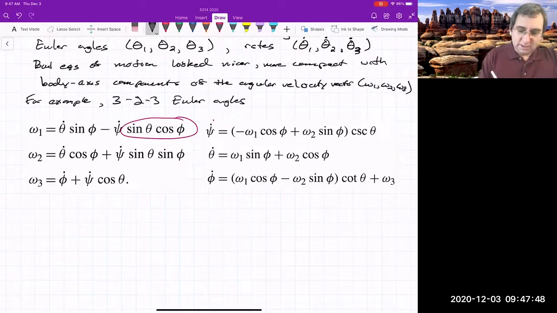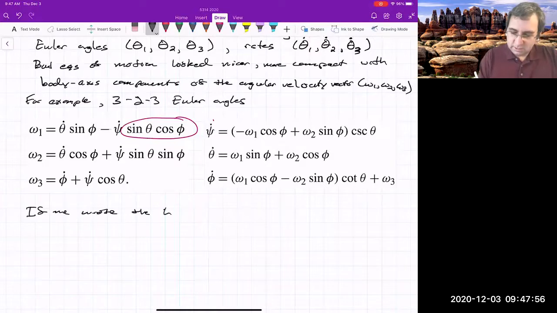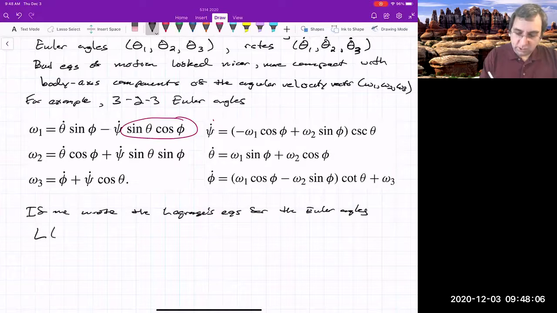So if we wrote Lagrange's equations for the Euler angles, we get a Lagrangian that's a function of, what do we have here for the 3, 2, 3 Euler angles?